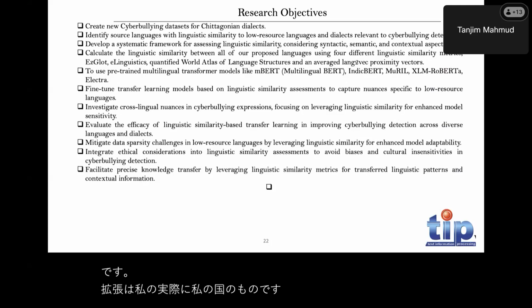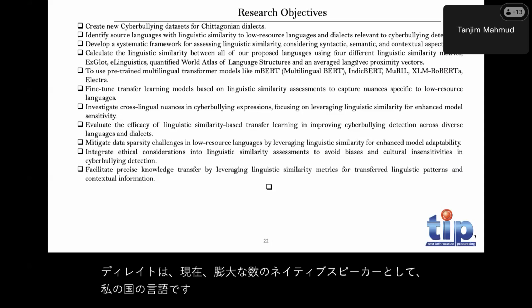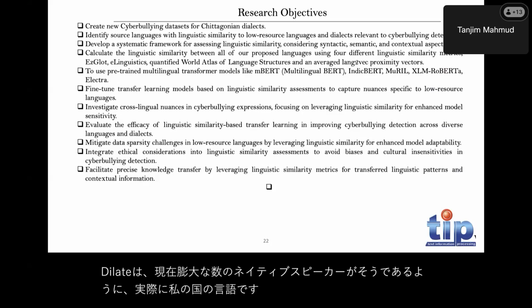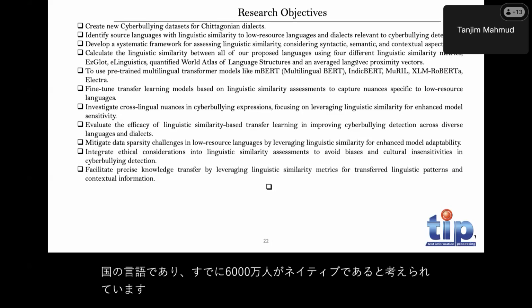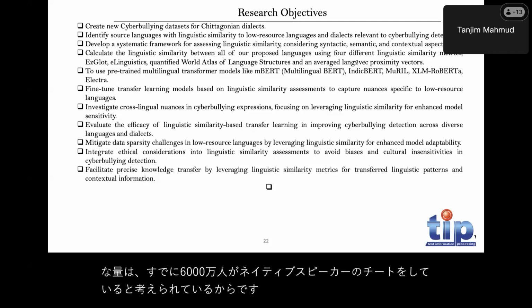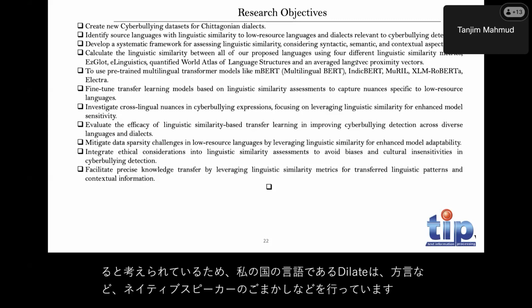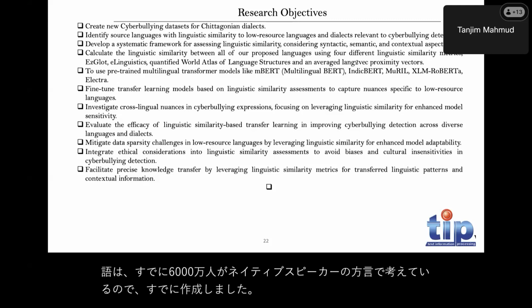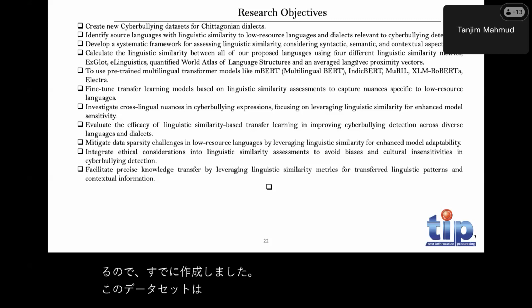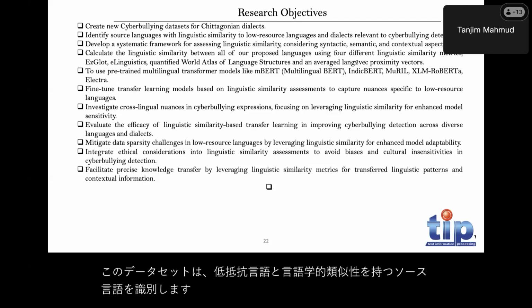It has a huge number of native speakers, 30 to 60 million people, and I have already created this dataset. Then identify the source language with linguistic similarity to the low resource language and dialect relevant to cyberbullying detection.